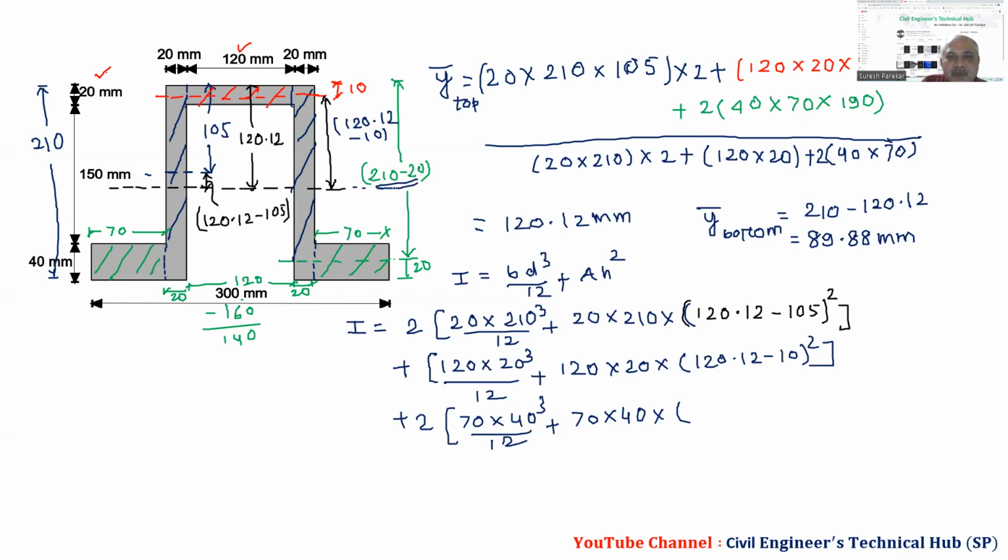And now we have to find the distance between these two again, and this will be 190 minus 120.12, whole square. And then we will get this value.